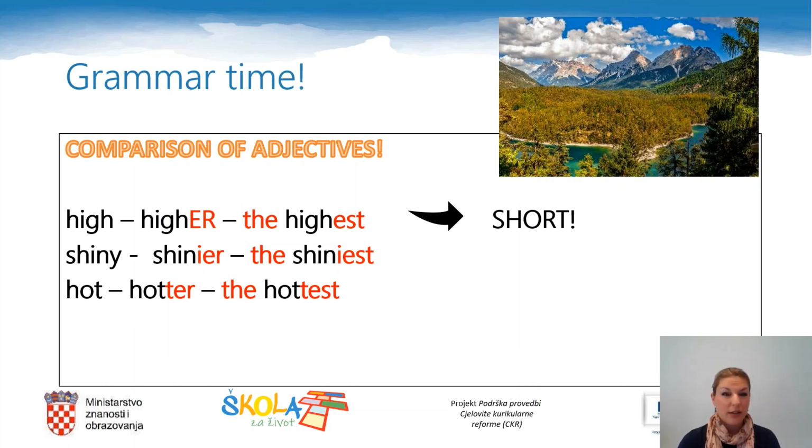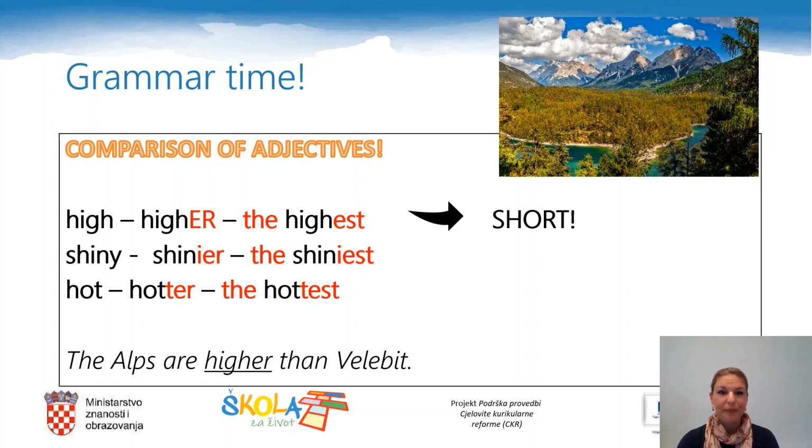The final consonant is doubled if an adjective is short and has one vowel and one final consonant. You always have to use the definite article the in the superlative form. So for example, the Alps are higher than Velebit.